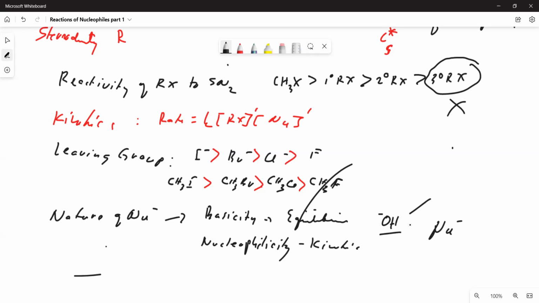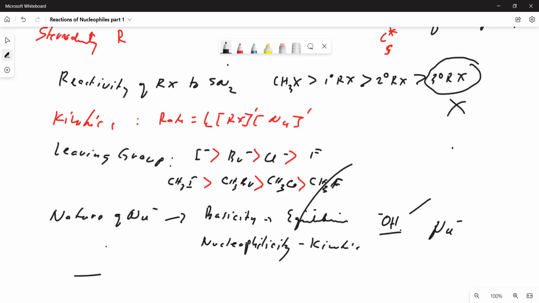So thus, in some cases, nucleophilicity parallels basicity. You know already how to assess basicity.